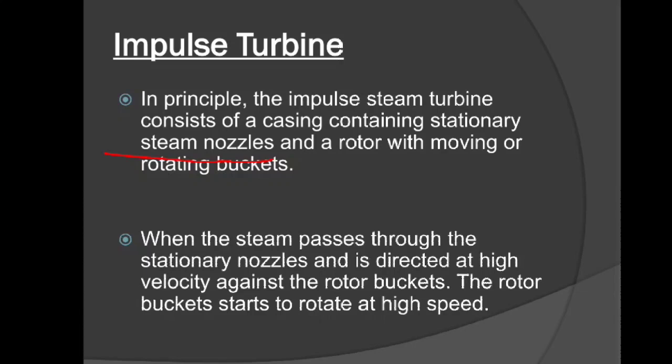When the steam passes through the stationary nozzles, it is directed at high velocity against the rotor buckets, and the rotor bucket starts to rotate at high speed.